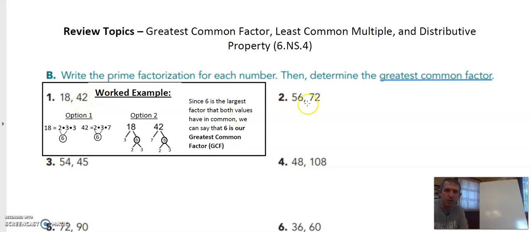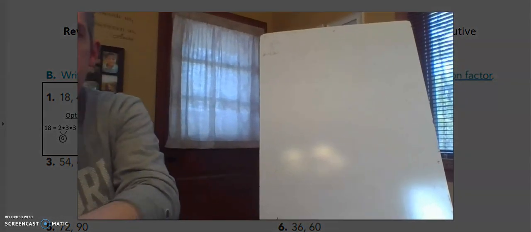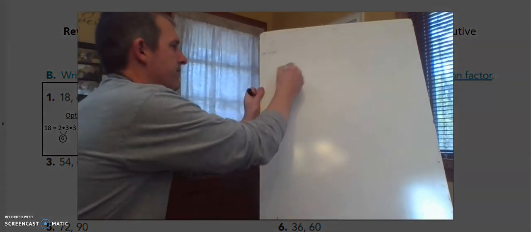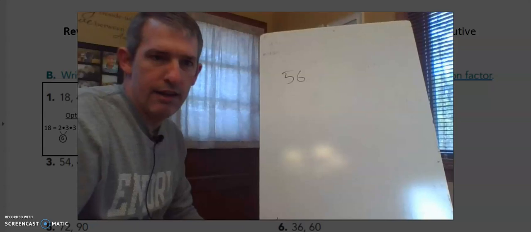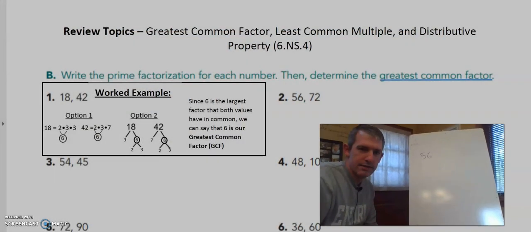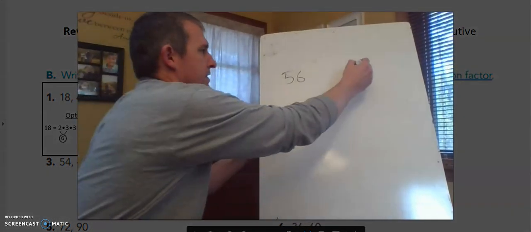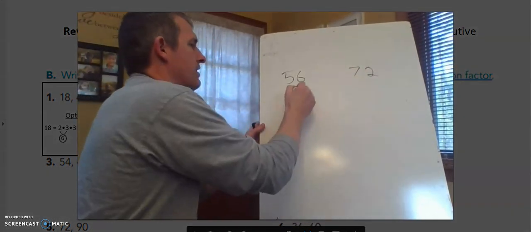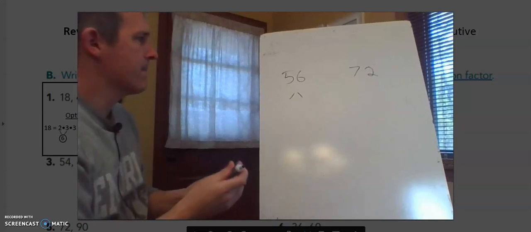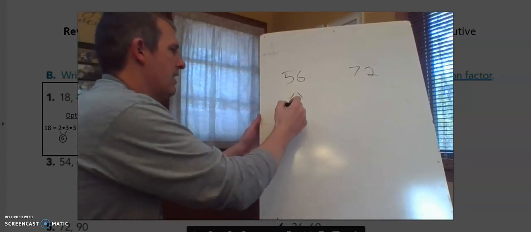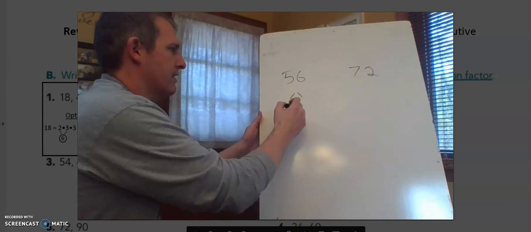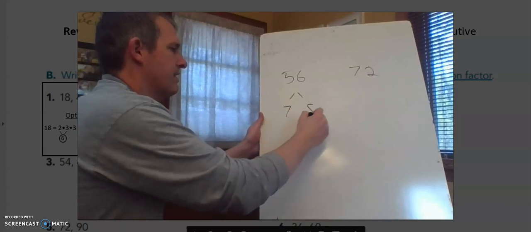All right, let's look at one more here. 56 and 72. All right, so I'm going to write that on my board here. 56, and I already forgot what that other number was. 72. All right, 56 and 72. So we're going to do prime factorization here. Okay? I'm going to do 56, oh goodness, 5, 6, 7, 8.